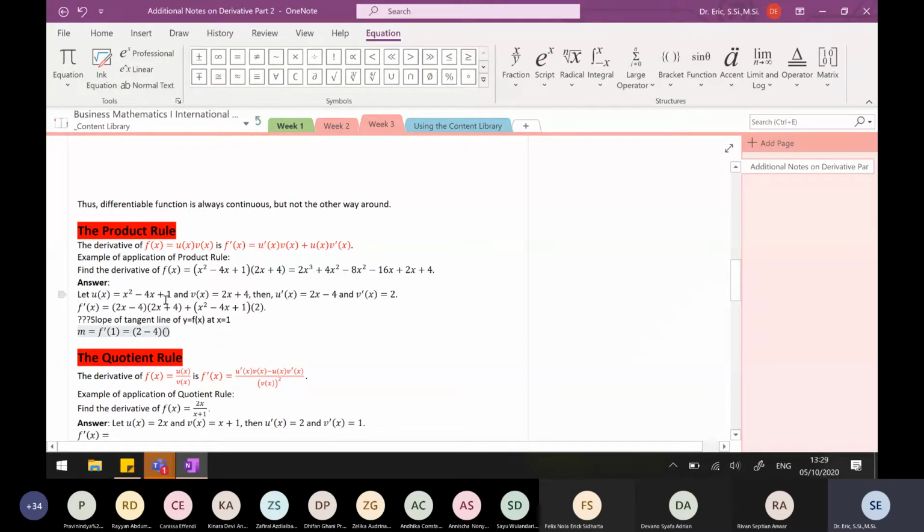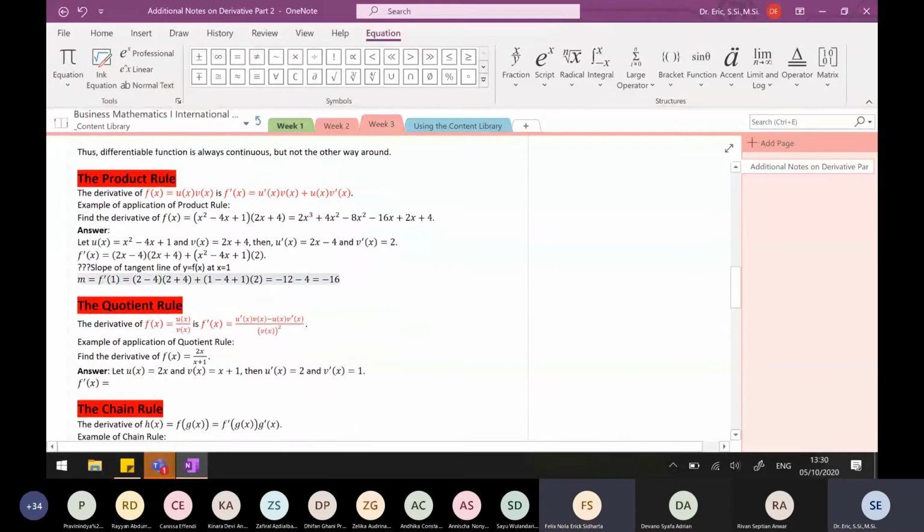For the second, 2 times 1 is 2, plus 4. Plus, for the next one, 1 squared is 1, minus 4 times 1 is minus 4, plus 1, times 2. So 2 minus 4 is minus 2, 2 plus 4 is 6, 6 times minus 2 is minus 12. And the other one: 1 minus 4 plus 1 is minus 2, times 2 is minus 4. So the slope of the tangent line is minus 16.